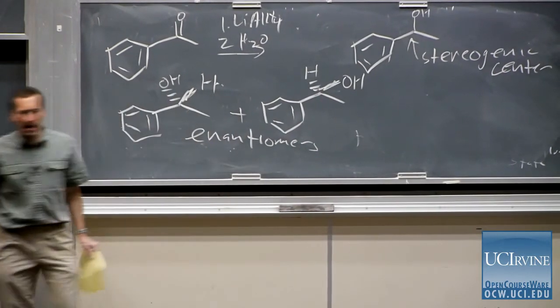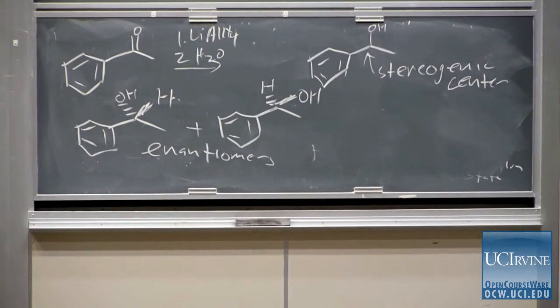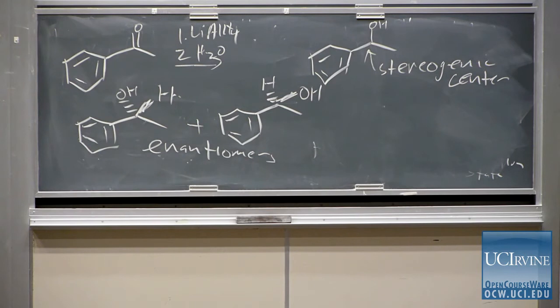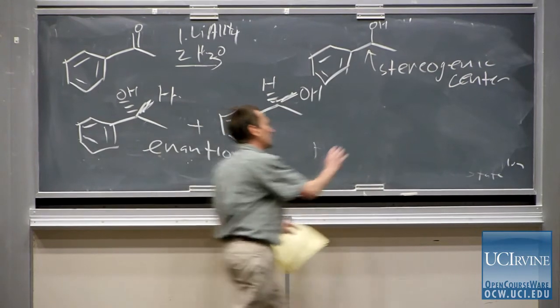It takes chirality to make chirality. If I take an achiral reducing agent, like lithium aluminum hydride or sodium borohydride, and I take an achiral ketone, I will get both enantiomers in equal amounts as the racemate.